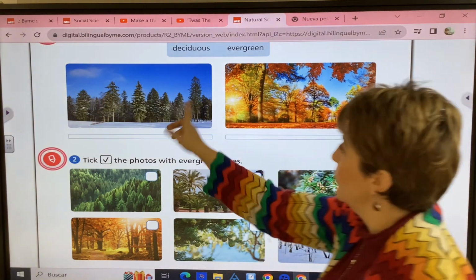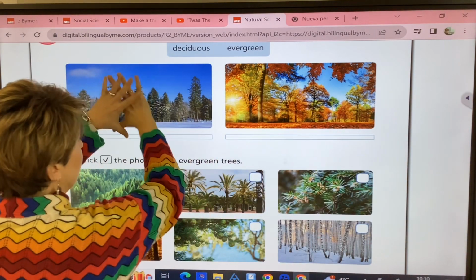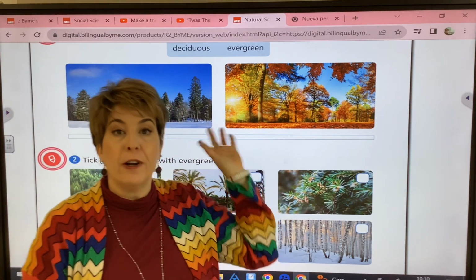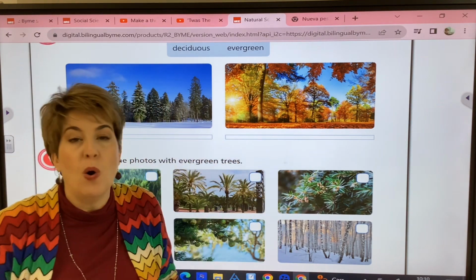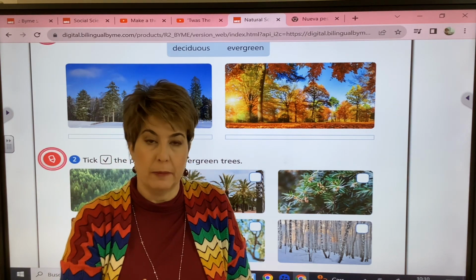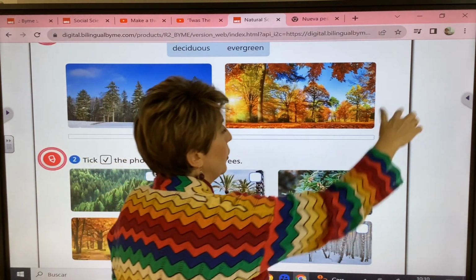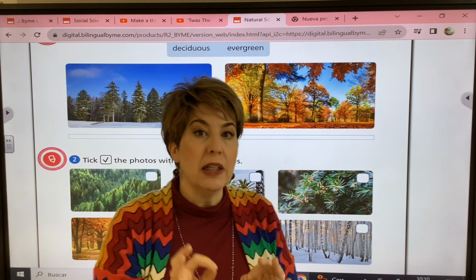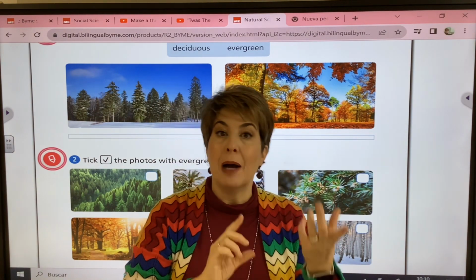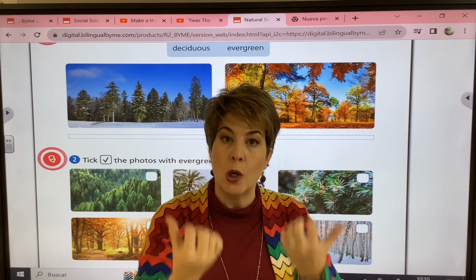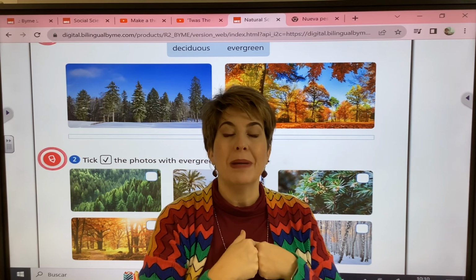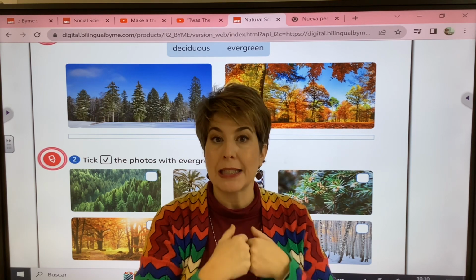And here we will have these ones. These trees here are evergreen trees because they are always green in spring, summer, autumn, and winter. When we have trees that turn yellow, orange, red, and brown in autumn and lose their leaves in winter, we call them deciduous.